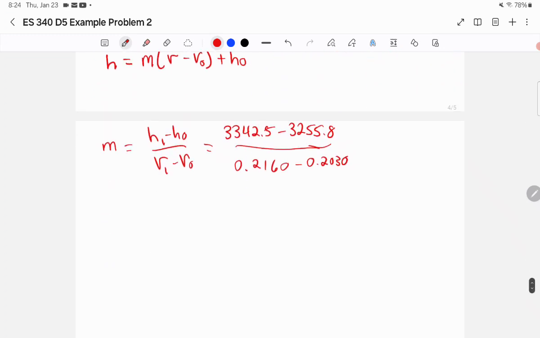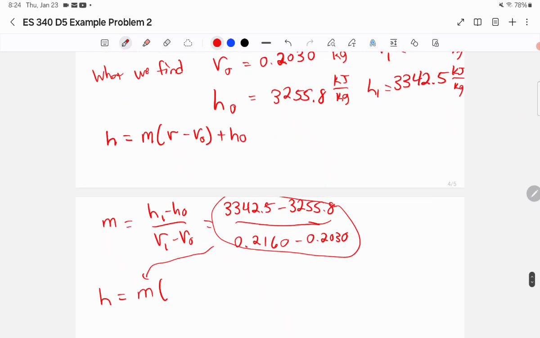So that means my equation then is going to be H is equal to M, which is this thing, right? I'm going to save that in my calculator so I can get as accurate an estimate as possible.